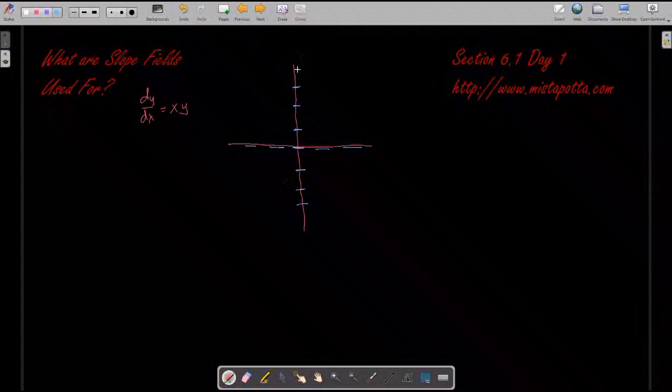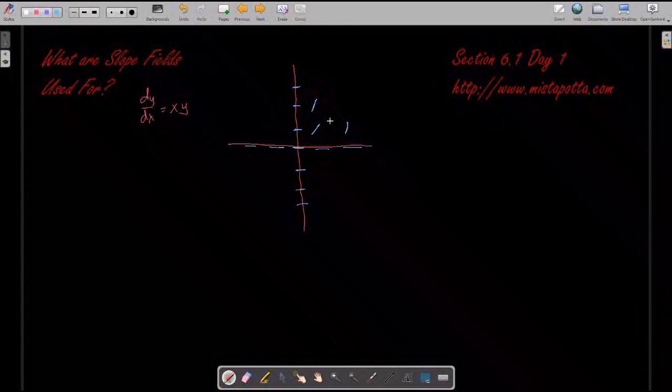If I take a look at the point 1, 1, I know that 1 times 1 is 1. And so I'm going to end up with a fairly straightforward line segment whose slope is 1. But if x is 2 and y is 1, I'm going to have a line whose slope is 2, a little bit more steep. And over here, where x is 1 and y is 2, I'm going to have that same line.